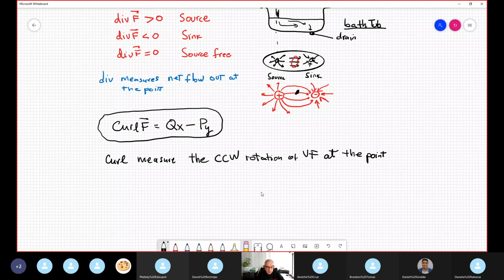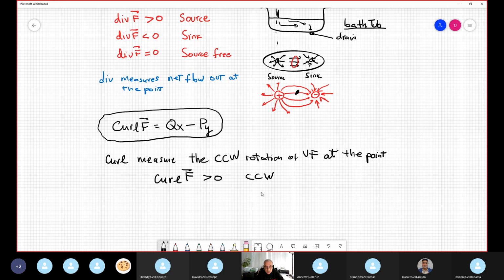Now you can see, for example, when the curl of the vector field is positive, I suppose that the vector field at this point rotates counterclockwise.